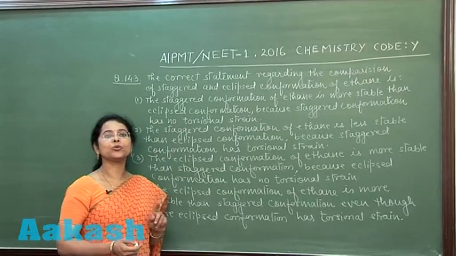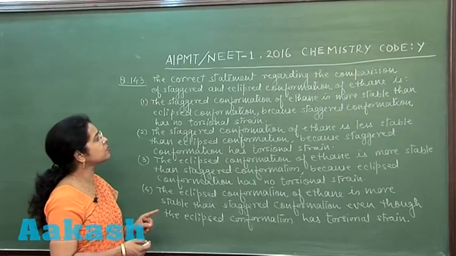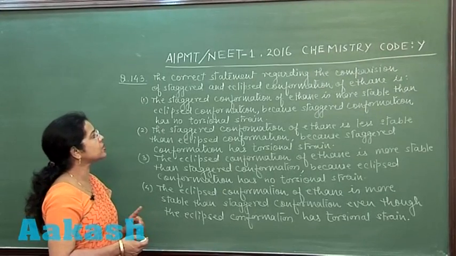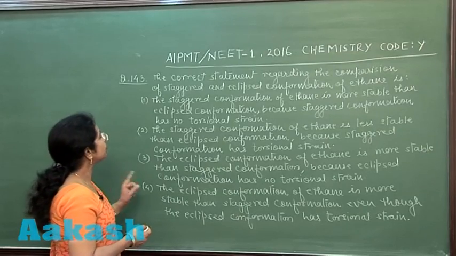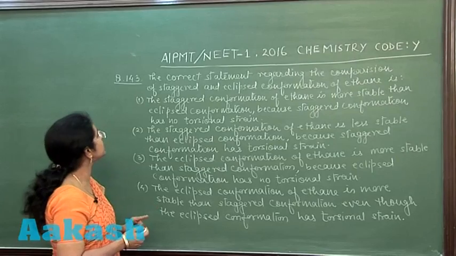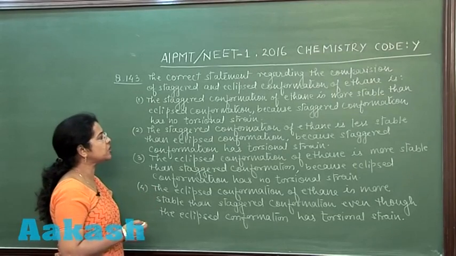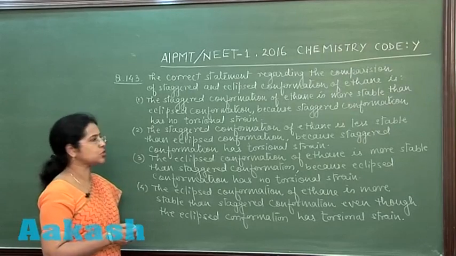So students, moving to the next question, question number 143. The correct statement regarding the comparison of staggered and eclipsed conformation of ethane is. The first option is the staggered conformation of ethane is more stable than eclipsed conformation because staggered conformation has no torsional strain.